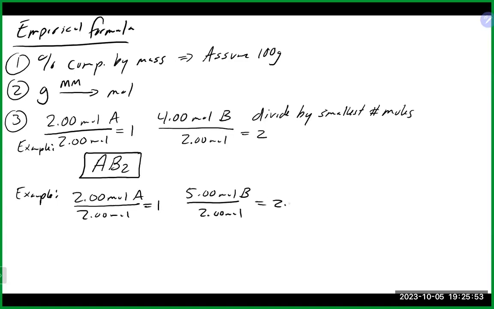But in this case, it gives us like 2.5 as our number that we get here, which would give us an empirical formula of A, B, 2.5. And that is not a good number, right? Because it is not a whole number. So this is considered too far to round.